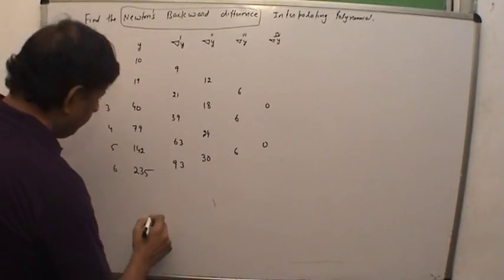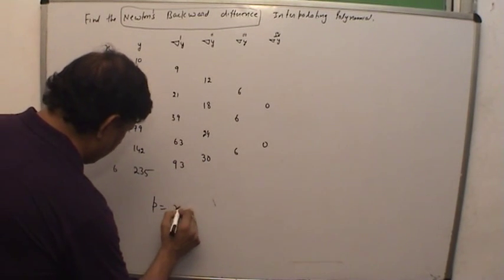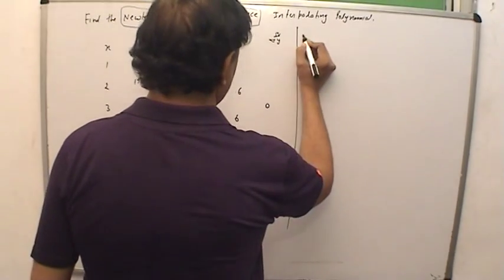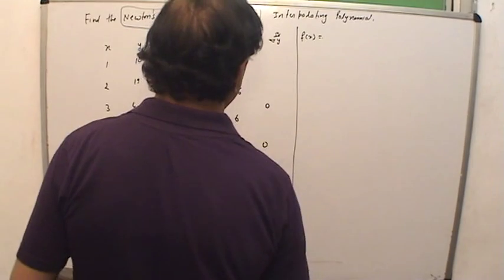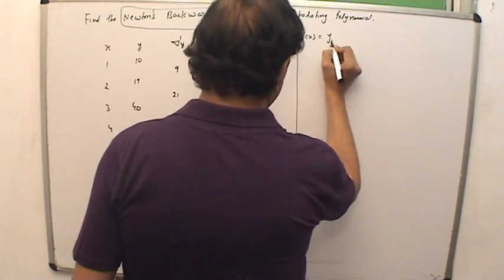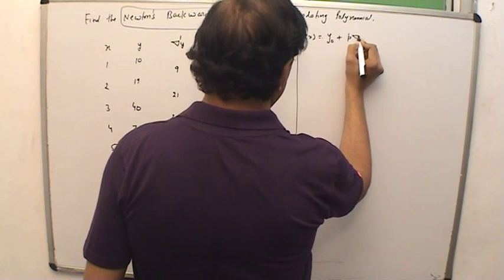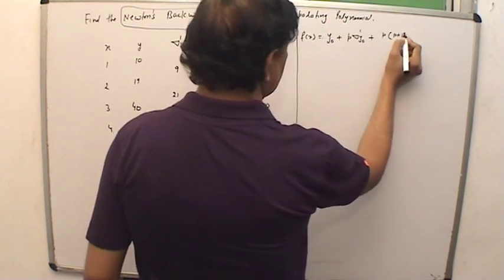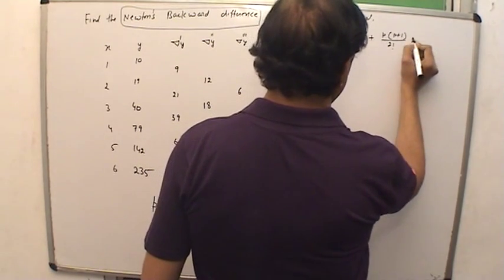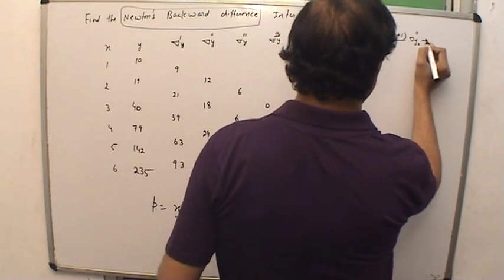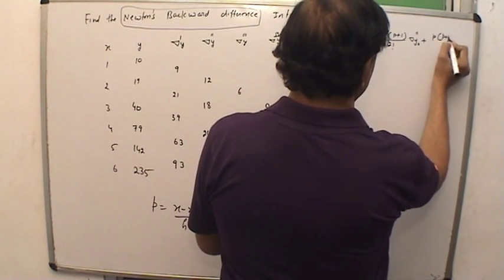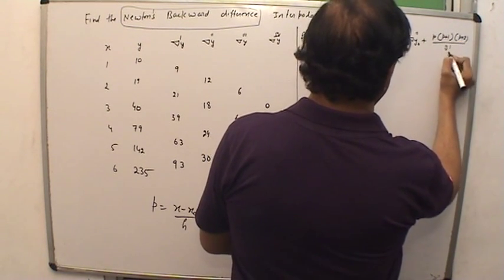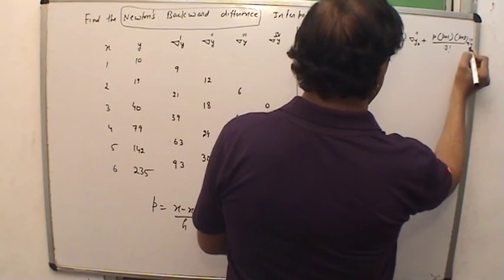Here we know P is equal to x minus x0 by h. And the formula for the backward interpolation was y0 plus P times delta 1 y0 plus P into P plus 1 divided by 2 factorial delta 2 y0 plus P into P plus 1 into P plus 2 divided by 3 factorial into delta 3 y0 and so on.